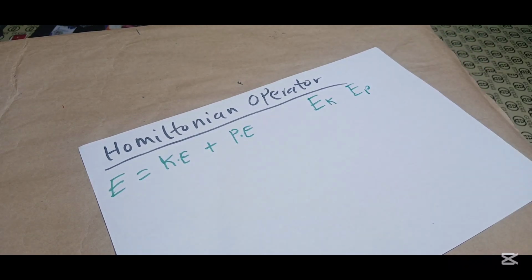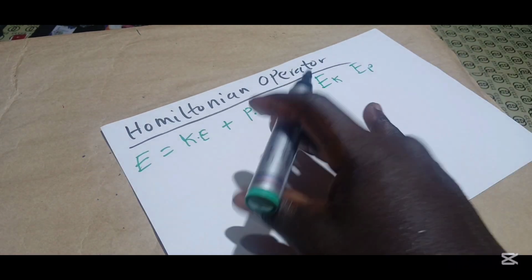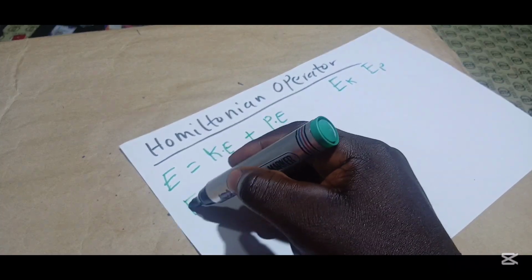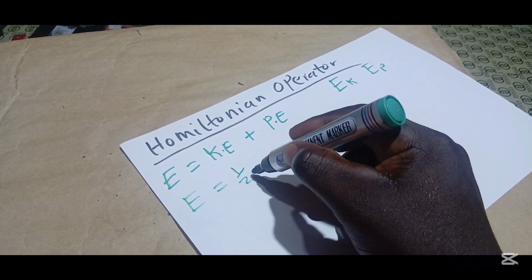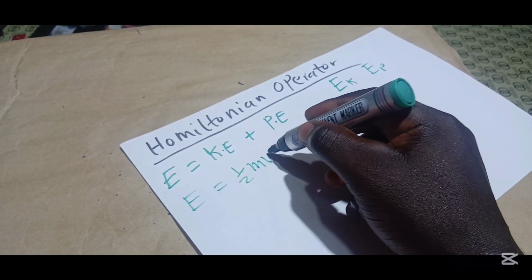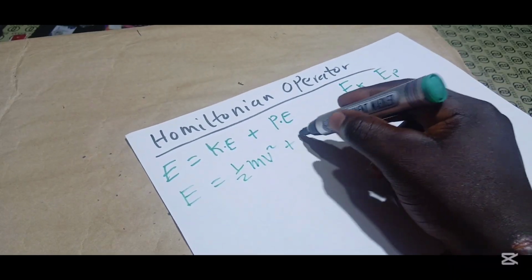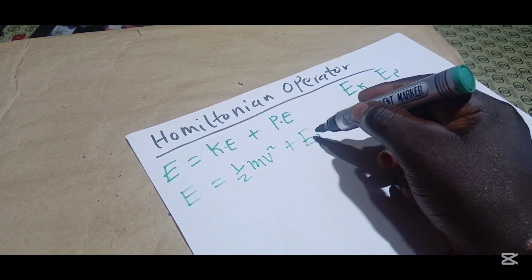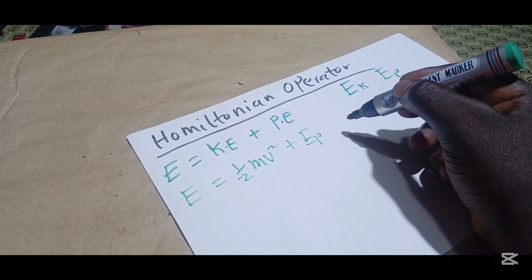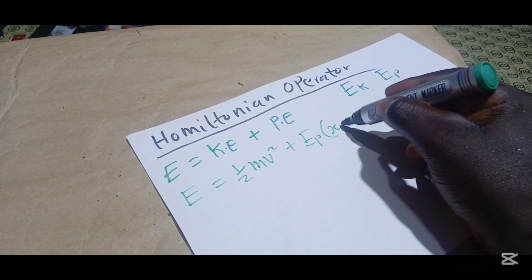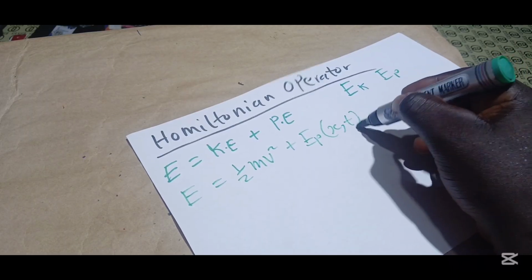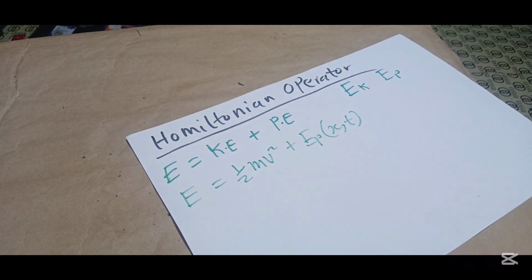For now, let's replace kinetic energy by EK and potential energy by EP. So the total mechanical energy in the classical world equals the kinetic energy, which is half mv squared, plus the potential energy.